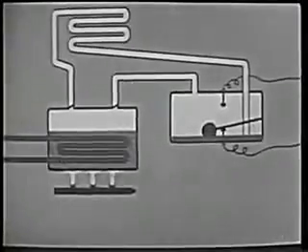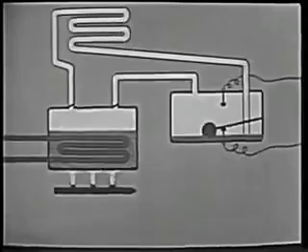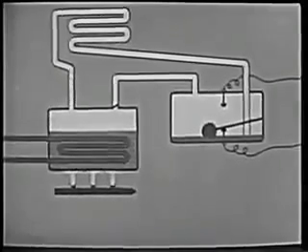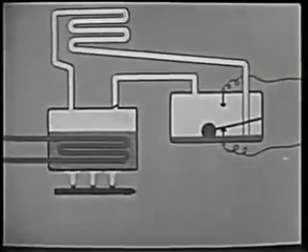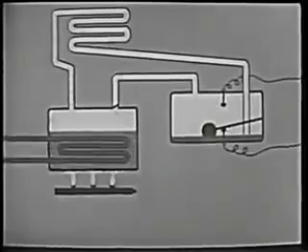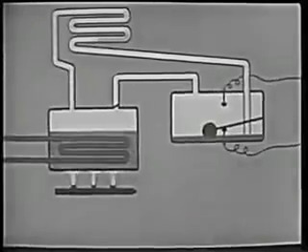In the absorption system, heat energy provides the initial movement when the refrigerant is released as a gas from the absorbent. After losing its heat and liquefying in the condenser, it moves by gravity flow and collects in the cooling unit.